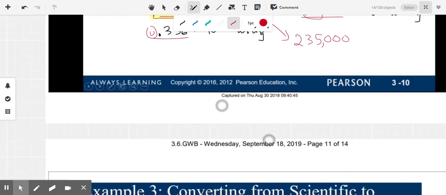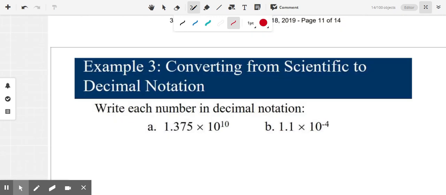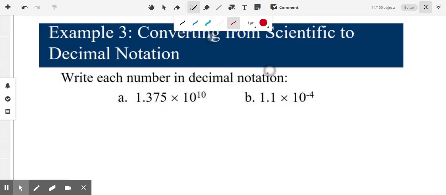So let's look at writing each number in decimal notation. Decimal notation means without the times 10 to whatever. If I have 1.375 times 10 to the 10th, the positive 10 tells me how many spots I've got to move that decimal to the right, 10 spots.